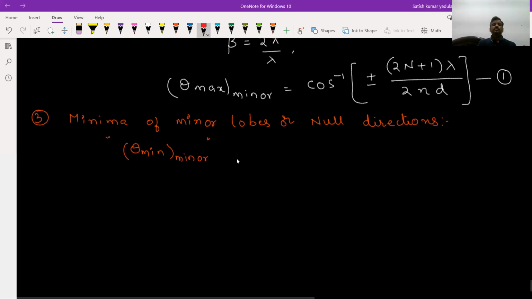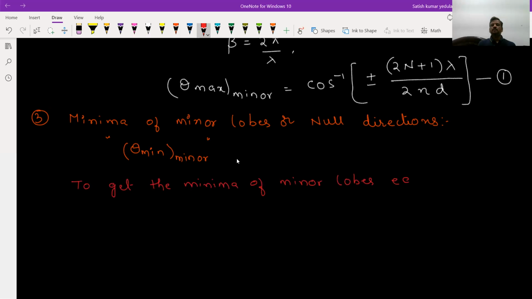For finding this particular angle we have to equate the numerator part, which we know already, sine n psi by 2 to 0.